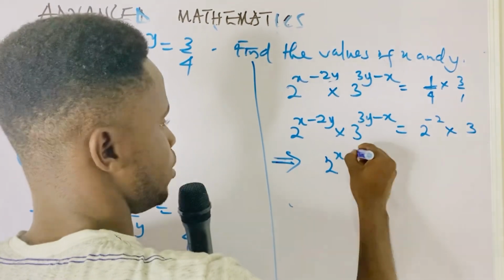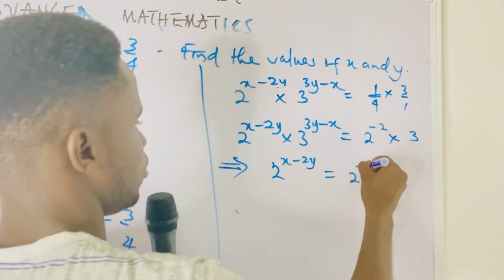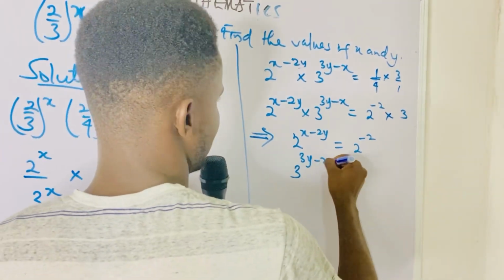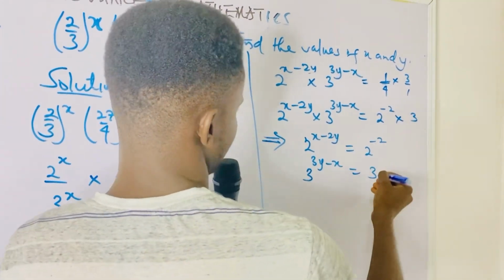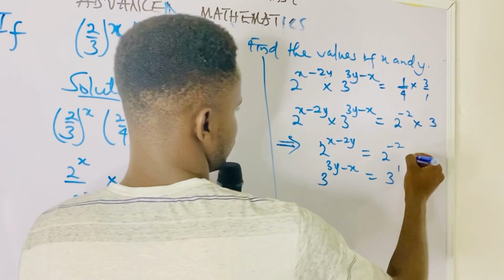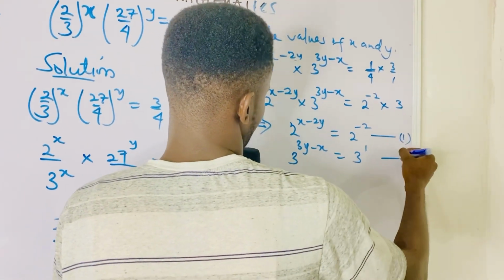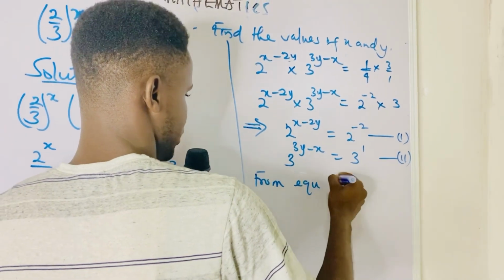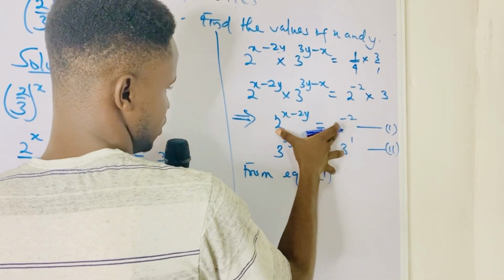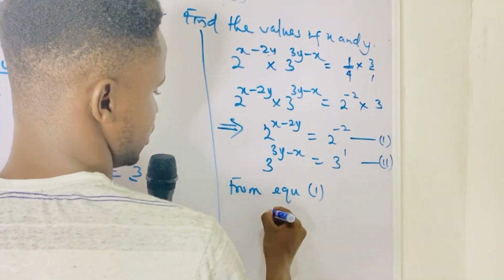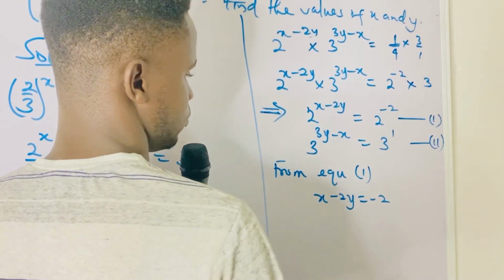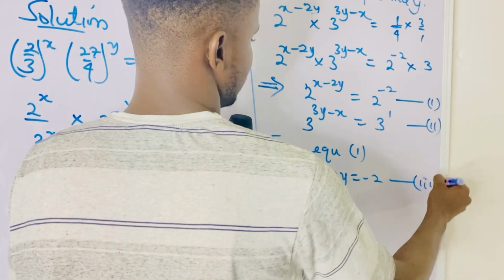2 raised to power x minus 2y equals 2 raised to power minus 2, and 3 raised to power 3y minus x equals 3 raised to power 1. So you can call this one equation 1, and this one equation 2. From equation 1, you can see that the bases are the same, so the powers are equal. That implies that x minus 2y equals minus 2. Let's call this equation 3.